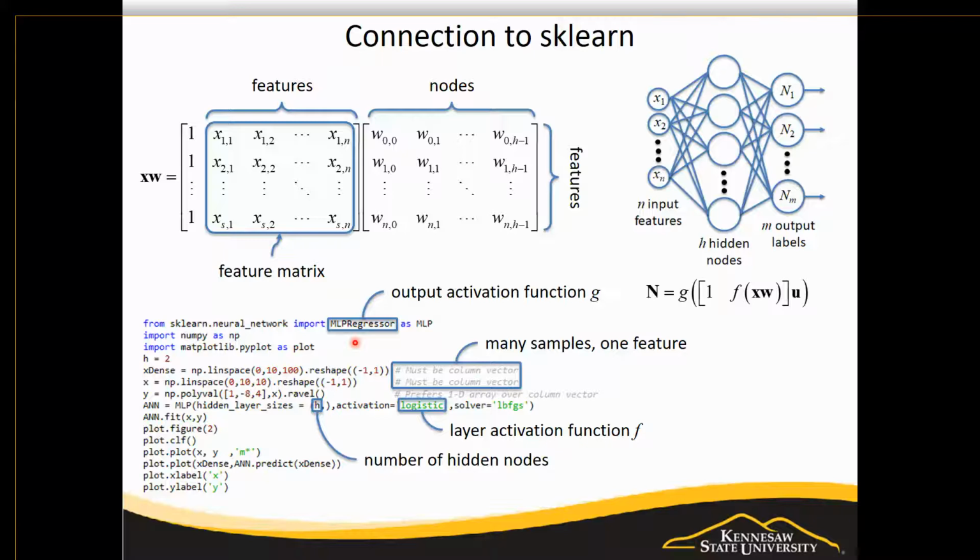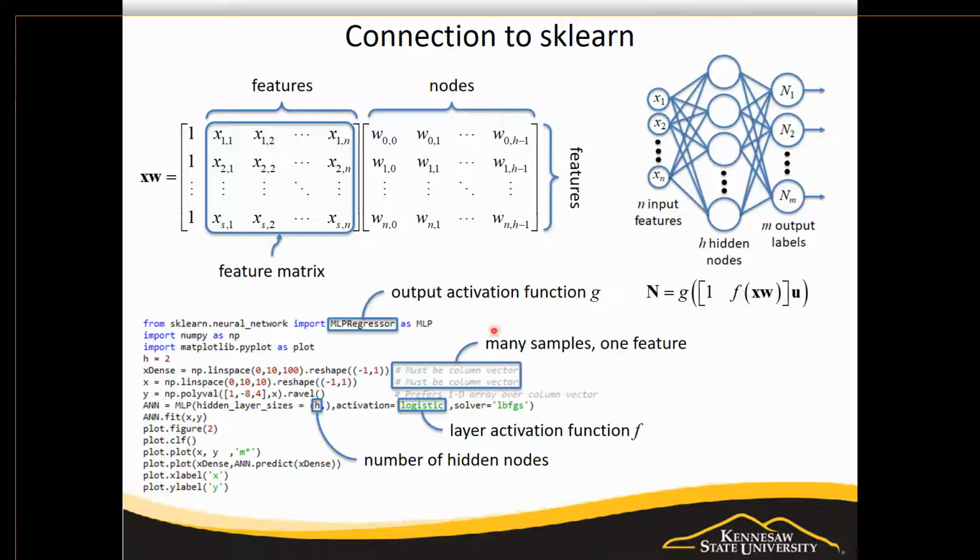If we had a classification problem, it would probably apply a sigmoid there so that it forces the value to be between 0 and 1. Is it that class or is it not that class? So by choosing what type of multi-layer perceptron in Scikit-learn, that's selecting what G is.